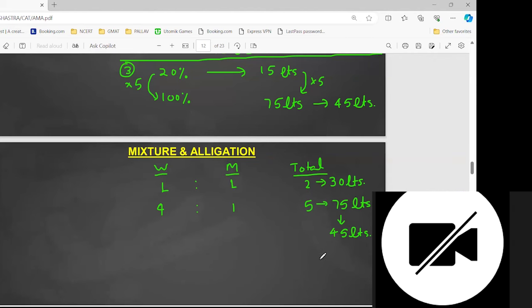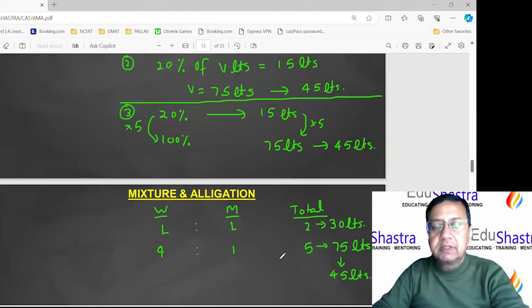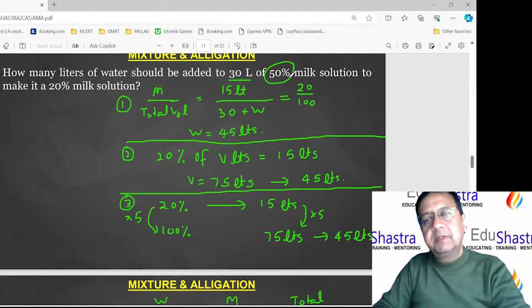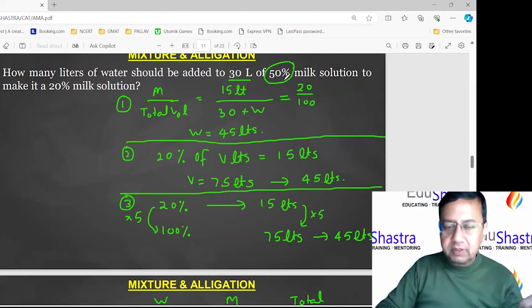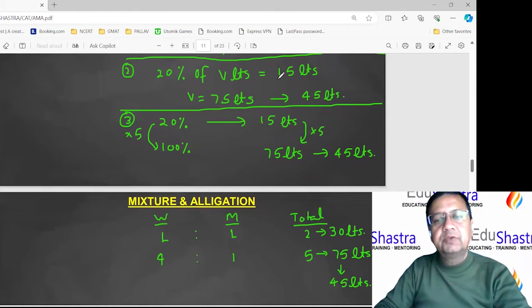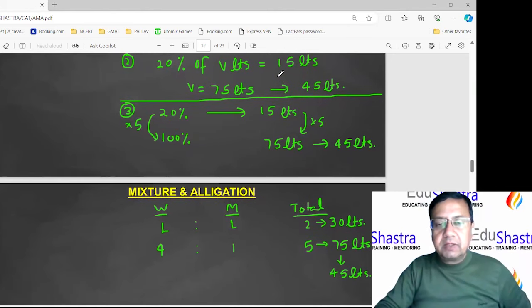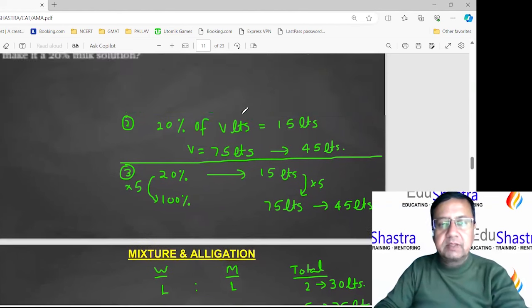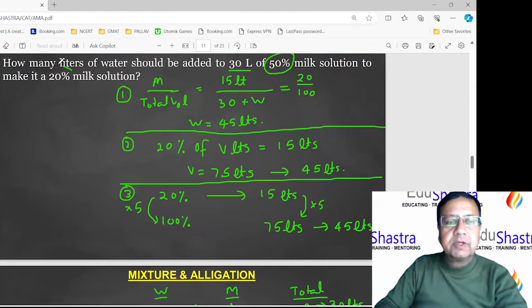Sir, repeat it, please, one time more. Sir, why is this 1:1? Because in the question, this is saying 50% milk. So total you have 30 liters, and out of the 30 liters, 50% milk and 50% water. So milk to water, what is the ratio? Half and half, that is 1:1, right? So initially this is 1:1 ratio, and later on you are saying the milk is 20%.